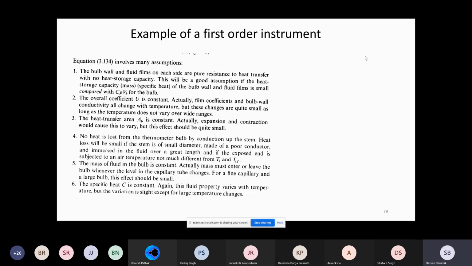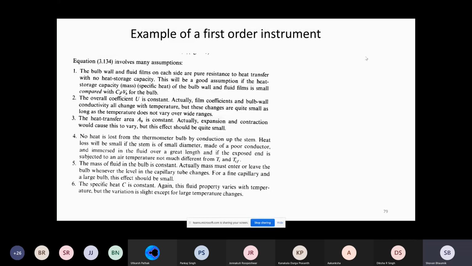The heat transfer area AB is constant, which is our assumption, because with temperature the area of the bulb may change slightly, and the heat transfer area may change slightly, but that is negligible. Also, heat loss from the bulb by conduction or otherwise will be very small.